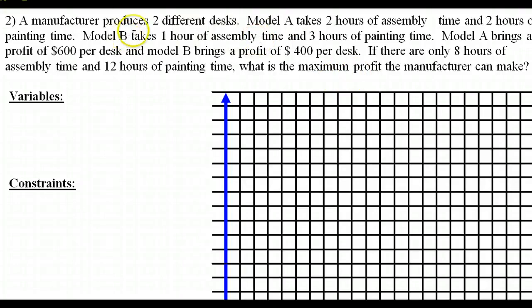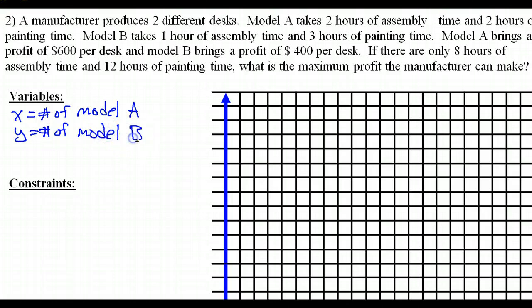But we still have to know that the variables will be the number of each type of desk. So this one's a little tricky in terms of defining your variables. All right, so two different kinds. So we have model A and model B. So I'm going to let X equal the number of models A, and I'm going to let Y be the number of models B.